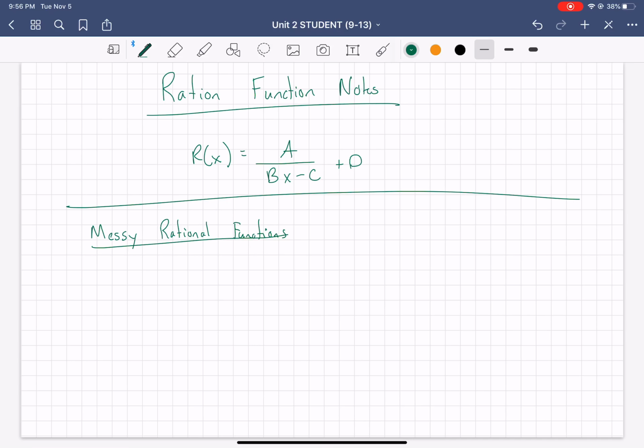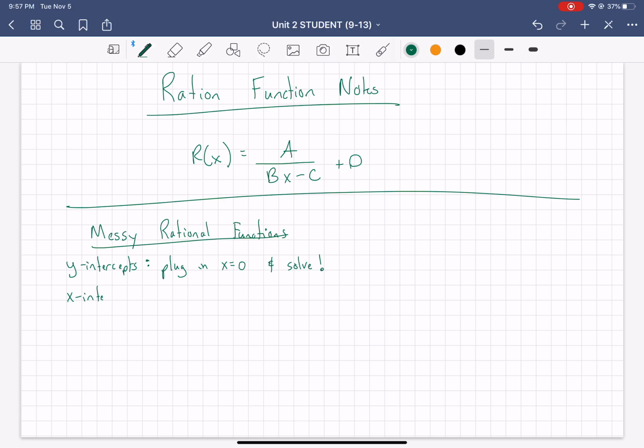First thing that we usually talk about, okay, is y-intercepts. And what we need to do is plug in x equals 0 and solve. That's how we find our y-intercepts.